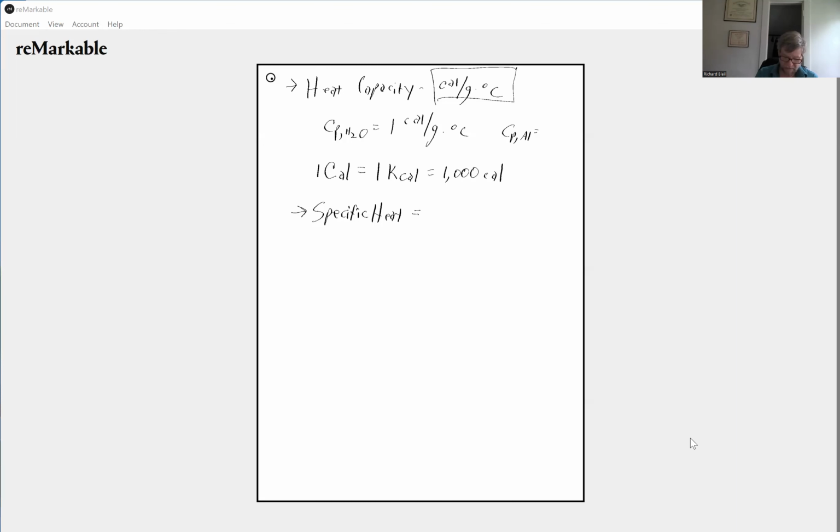Where am I looking up copper? I don't want copper, I want aluminum. There we go.